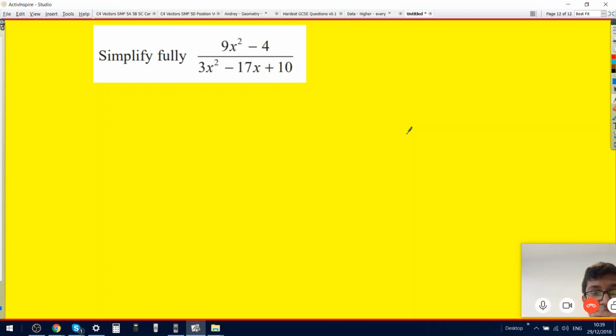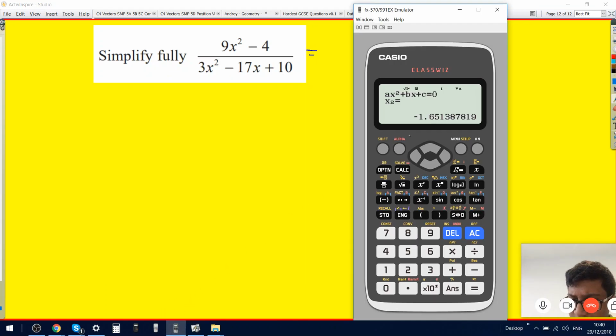9x squared minus 4 over 3x squared minus 17x plus 10. Was there a way to factorize with this calculator? In theory, no. In practice, you can do that same thing, but put in a is 3, b is minus 17, c is 10.